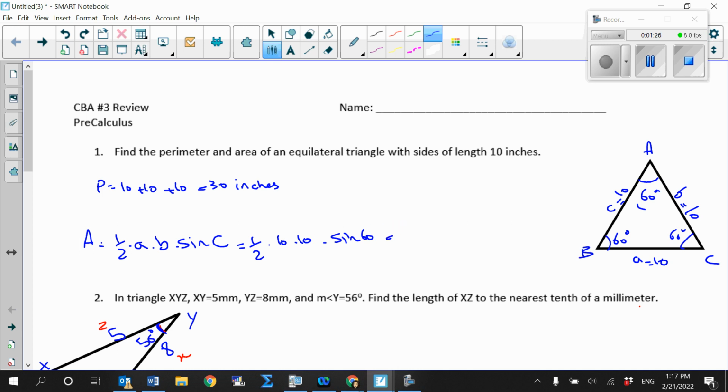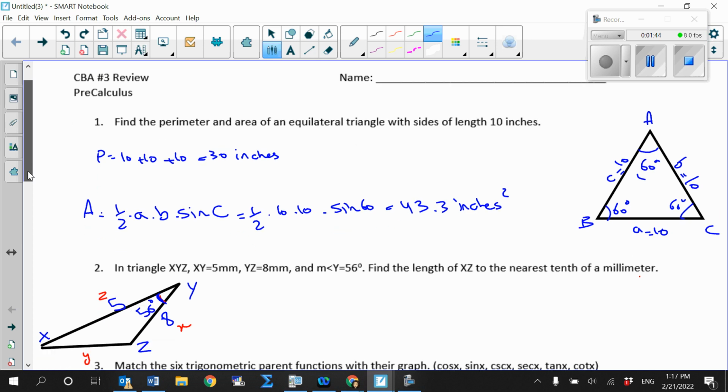Now, if we use our calculator, we can find the answer, which is 43.3 square inches. So that's the area.